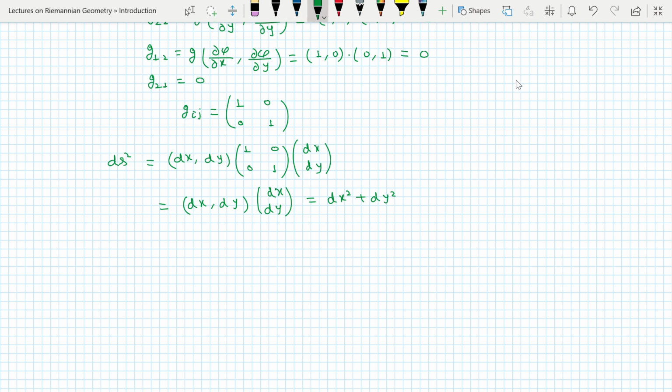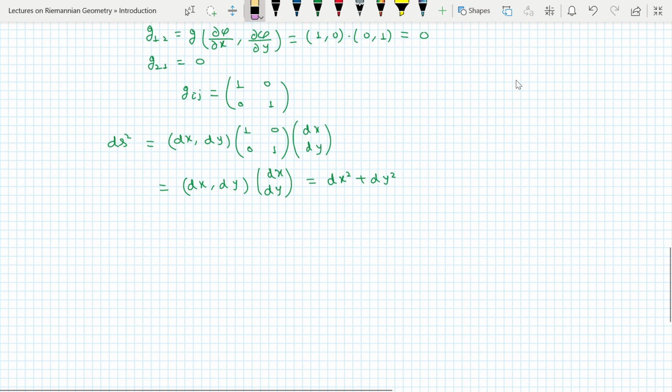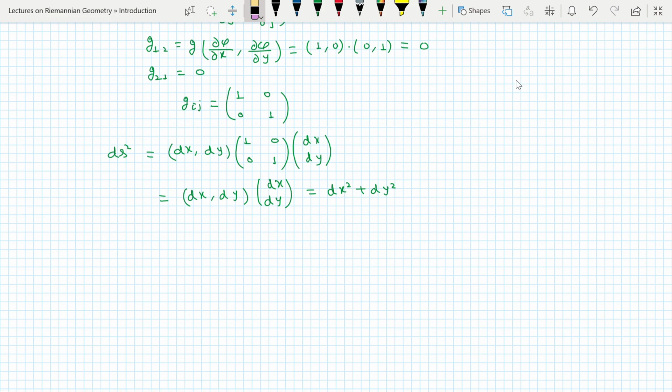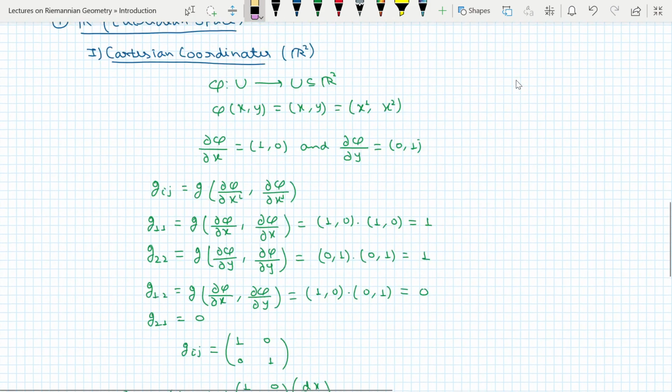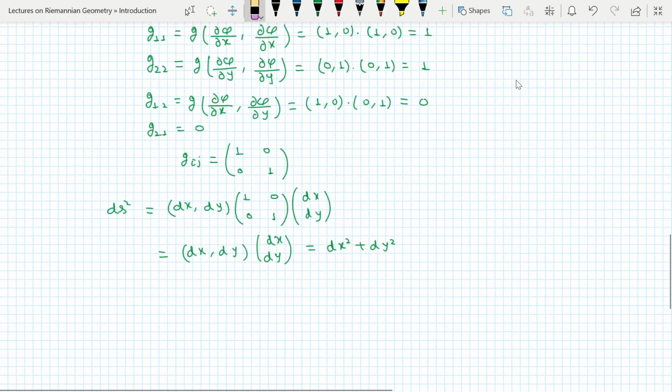Okay, let me do that. So you have your curve, and you used to take these infinitesimals, right? You draw the perpendiculars, and you apply the Pythagorean theorem. Okay, so that you know already. So now this is the line element in the Cartesian coordinates.